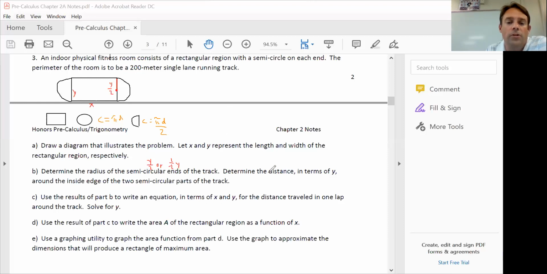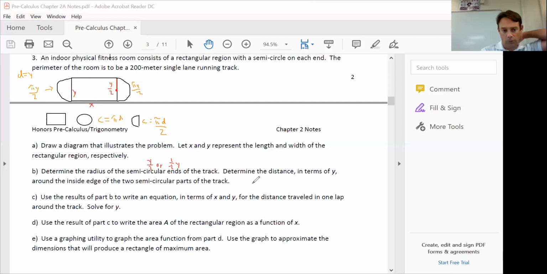So it says determine the distance in terms of y around the inside edge of the two semicircular pieces. Well, if the circumference is pi times diameter over 2, and we know that d is y, that means this edge right here would be pi times y divided by 2. That means this edge right here would be pi times y divided by 2.